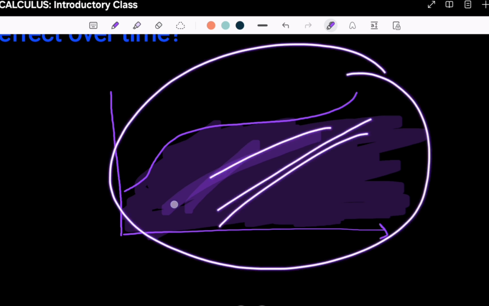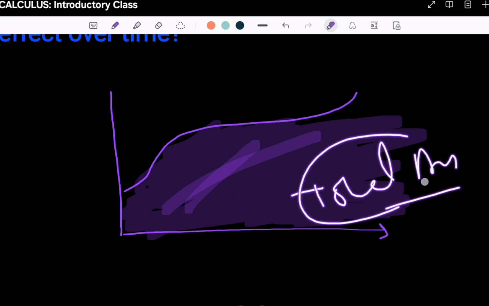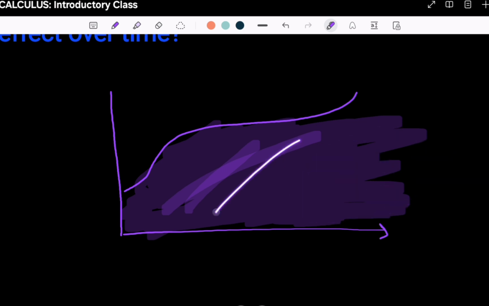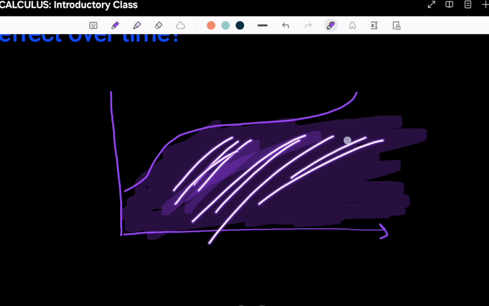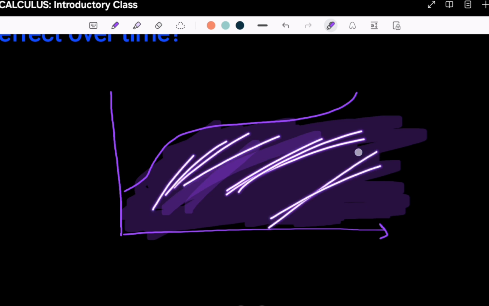The area under the curve shows the totality, and the totality is shown by integration, isn't it? So if we calculate the entire area under this curve, then we will get the integration.